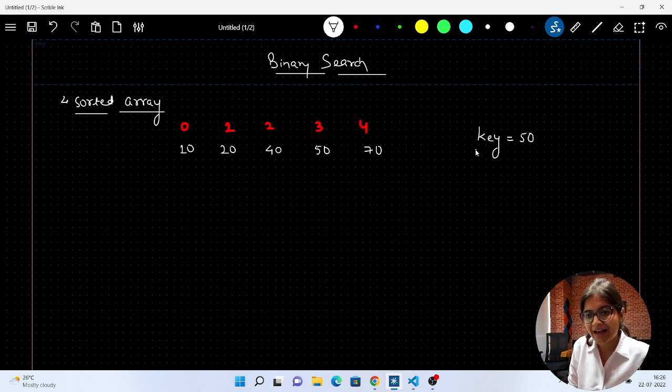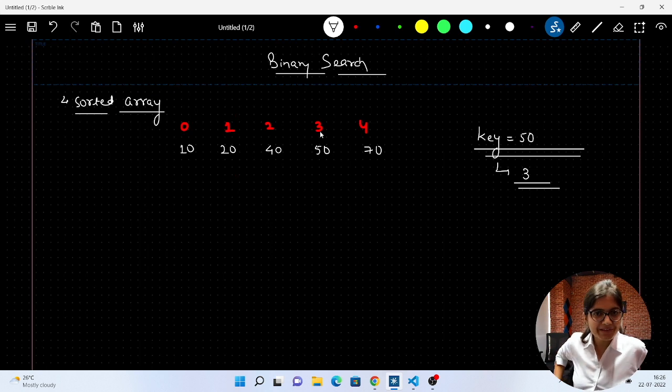So I want to search for an element whose value is equal to 50. As an output, what I am expecting is that my program should print 3, because 50 is present at the third index. That is what I am expecting as an output. I am pretty sure that everyone is able to understand this part.